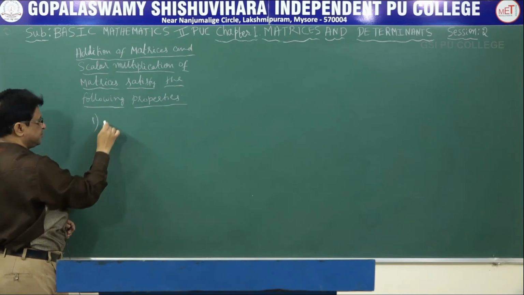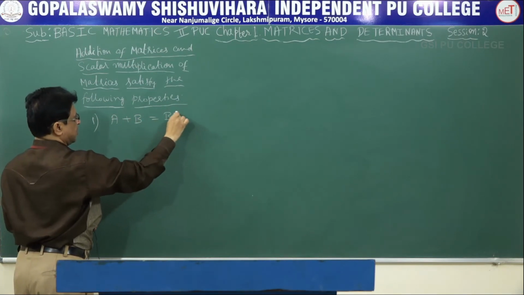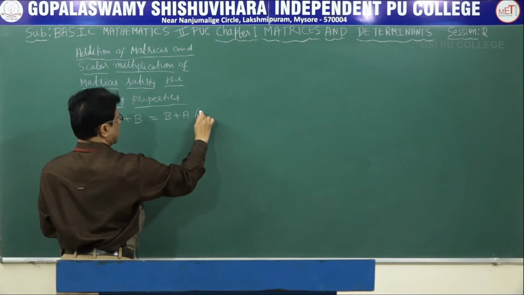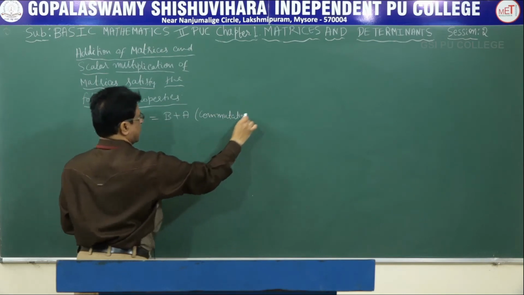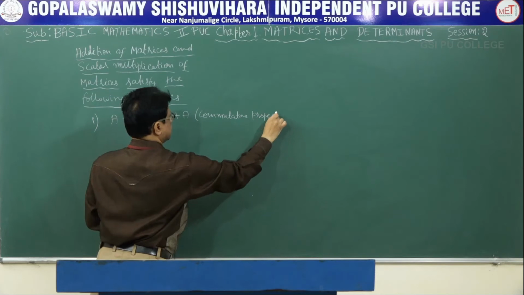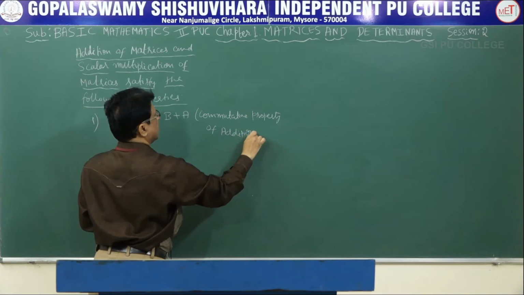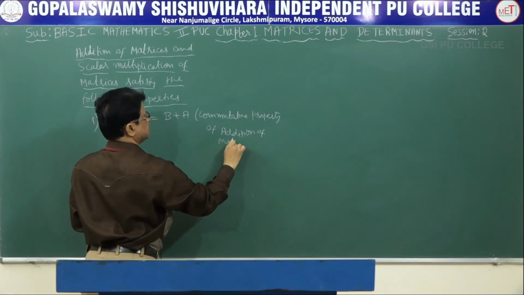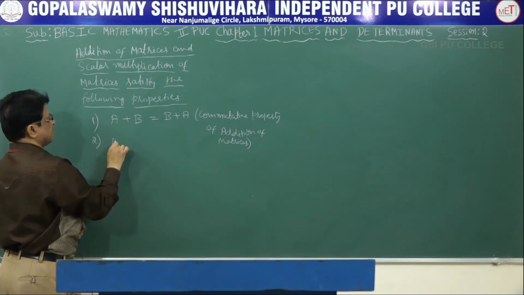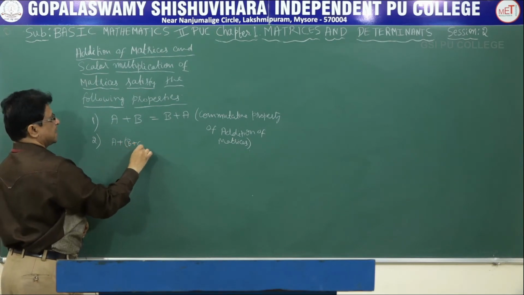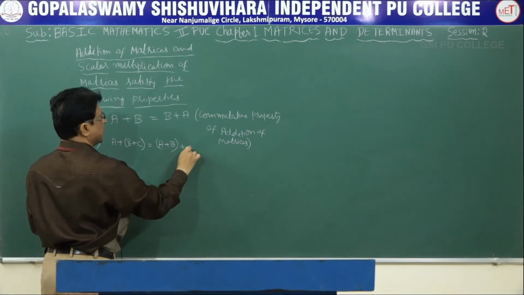So first one, A plus B will be equal to B plus A. This is called the commutative property of addition of matrices. Second one, (A plus B) plus C will be equal to A plus (B plus C).